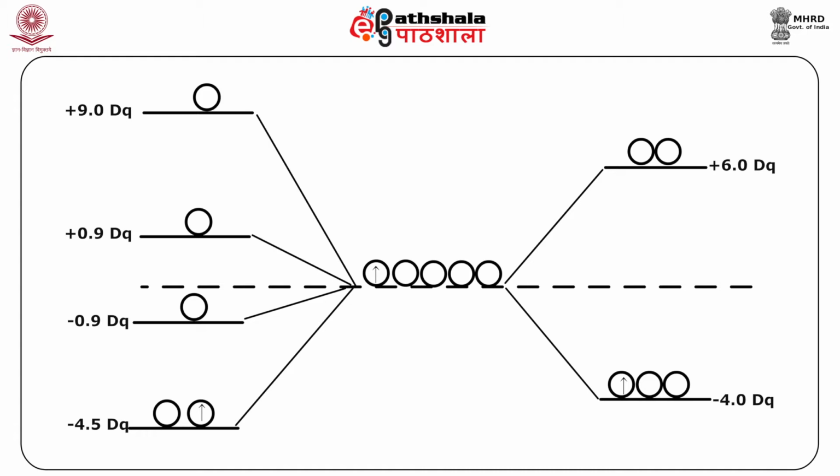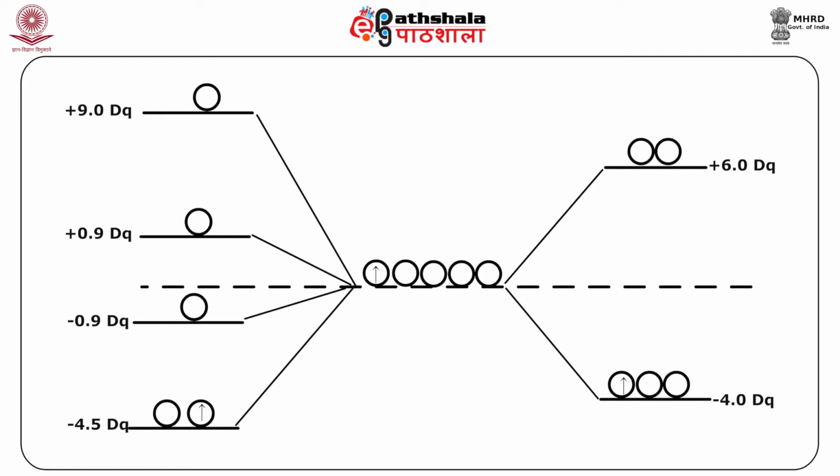At the same time, if you calculate the crystal field stabilization energy in case of a square pyramidal shape, you will find it would be 1 into minus 4.5 Dq plus 0 into minus 0.9 Dq plus 0 into plus 0.9 Dq plus 0 into plus 9 Dq.